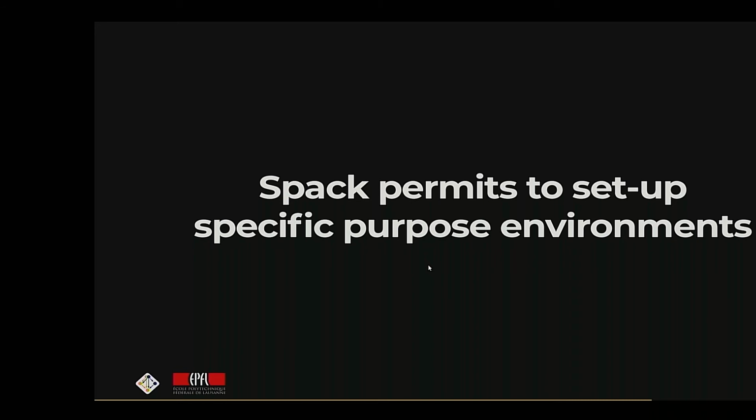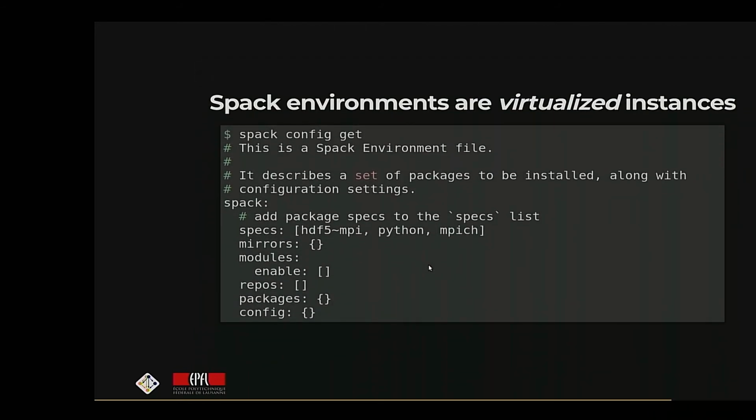The idea is that either by using some subcommands as a helper, or by editing directly a file called spack.yaml, you can write all your abstract requests for the software that you need for a specific purpose. And you can override the general configuration for anything else.